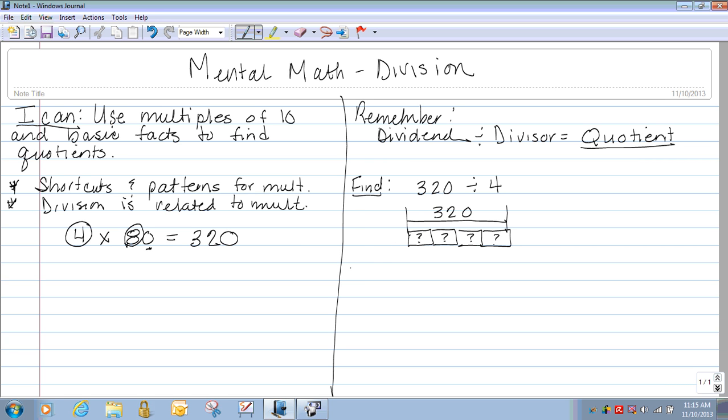So I know that my basic fact would be 32 divided by 4. And we know that 32 divided by 4 equals 8. If I then place my 0, 320 divided by 4 will equal 80. Push pause, write your notes.